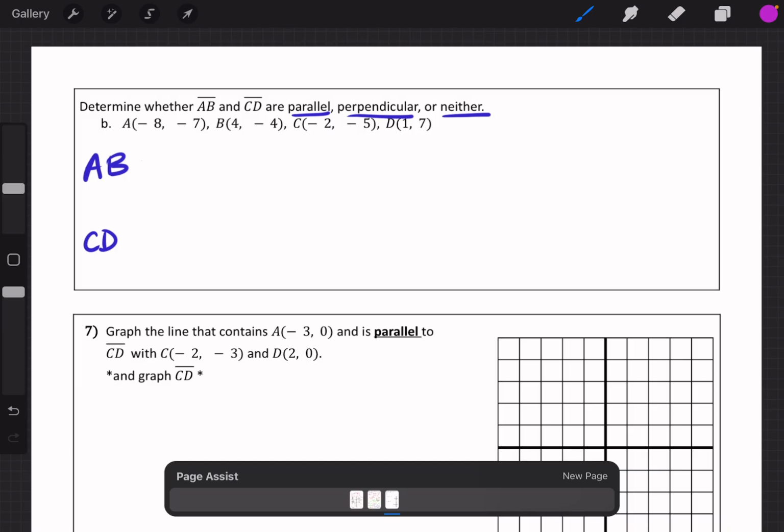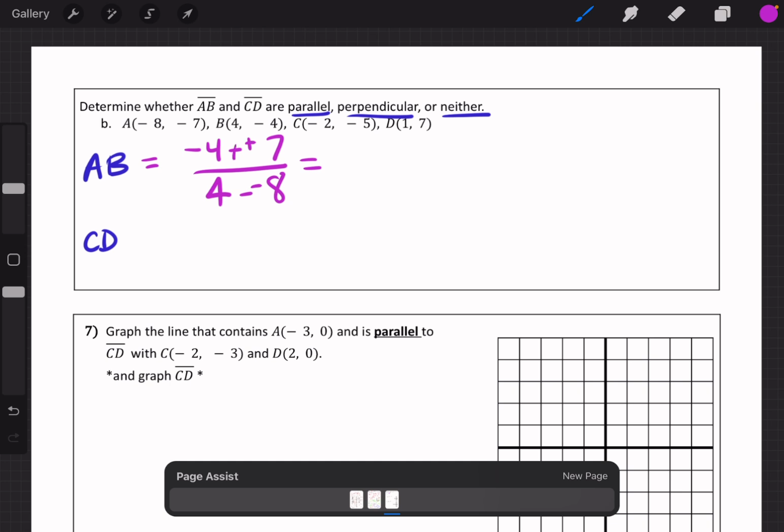Just to make sure that you got it right, we've got -4 minus -8 on the top. Oh, sorry, hold on. Undo. -4 minus 7. Let's do that correctly. On the top. And then 4 minus -8 on the bottom.